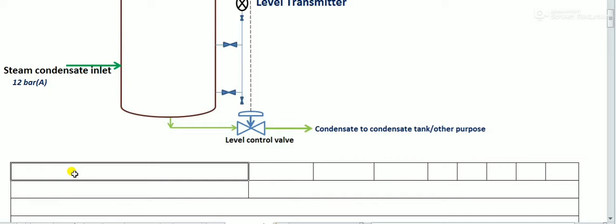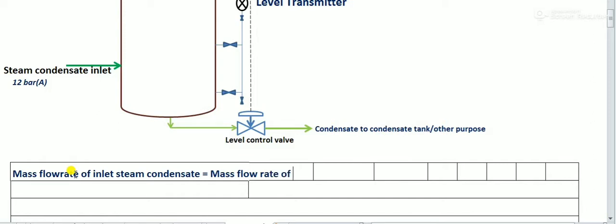First we'll go for the mass balance. That means mass flow rate of inlet steam condensate is equal to mass flow rate of steam at the outlet plus mass flow rate of outlet condensate.